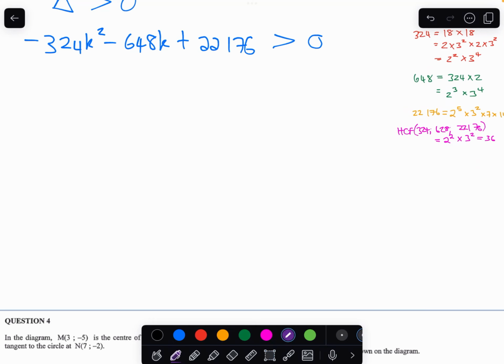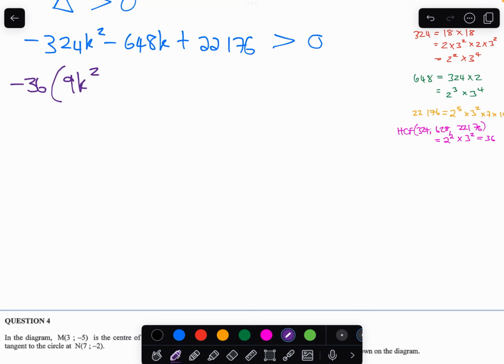Okay. So I'm going to factor out a negative 36 on top of that. And over here, we will be left, okay, so the 2 to the 2 is out. And here we're just left with 3 to the 2, so I'm going to be left with a 9k squared.